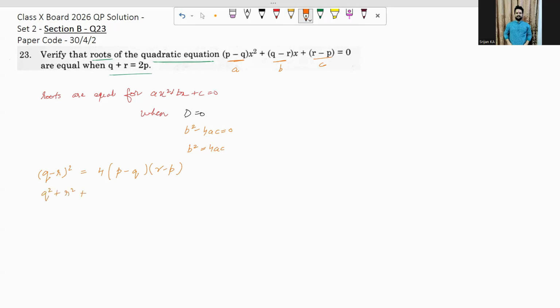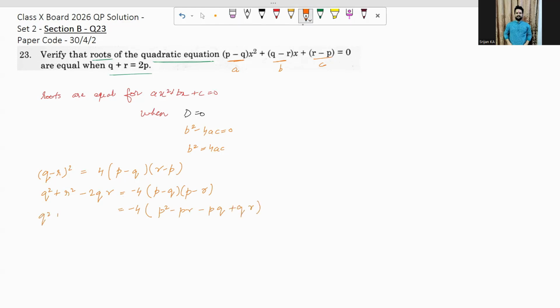q squared plus r squared minus 2qr is equal to 4 into, or we can do this as minus, we are taking common. It becomes (p minus q) into (p minus r). Doesn't make a lot of difference still. Let's just write what is happening on the right side. So it is p squared minus pr minus pq plus qr, right?